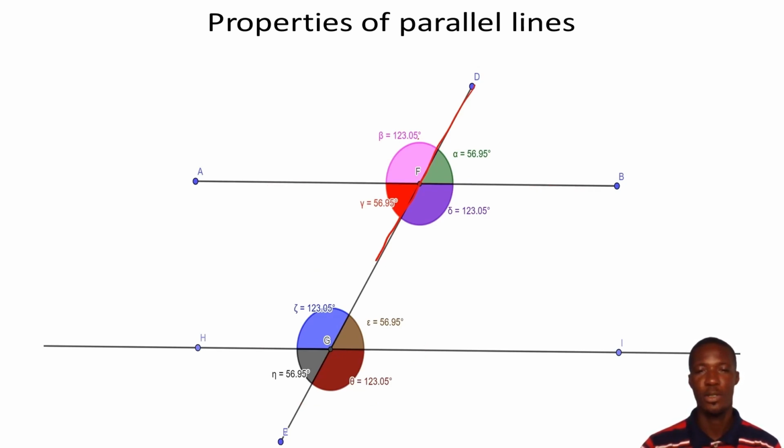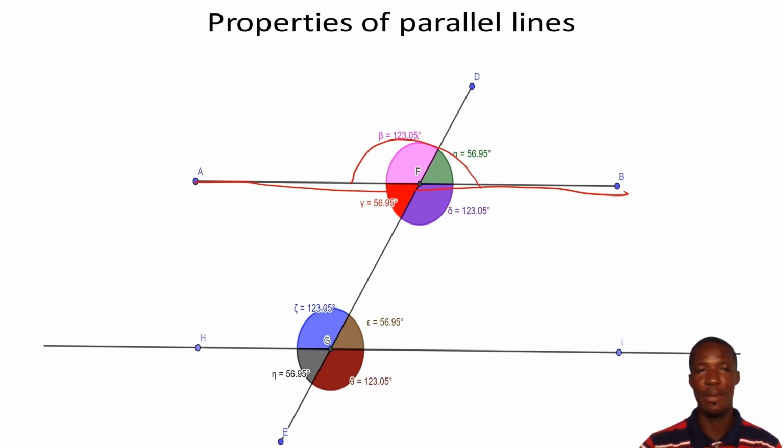Okay, so this is a revision of what we already know. When we are dealing with parallel lines, we already know the opposite angles there. We also have angles on a straight line. I hope you remember straight angles. When you look at the straight line AB, there are two angles here.